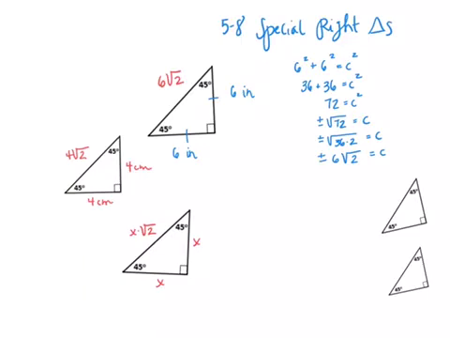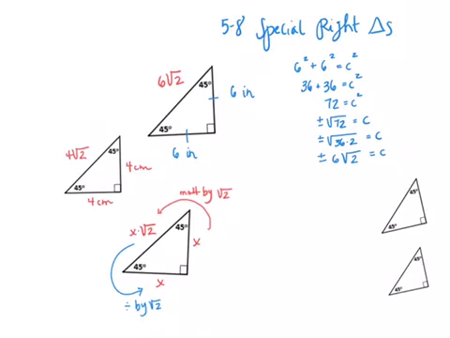Now I do want to mention when you're going from this leg to the hypotenuse, notice you're multiplying by root 2. But if you have to go from the hypotenuse to the leg, you're actually doing the opposite operation. You're dividing by root 2.